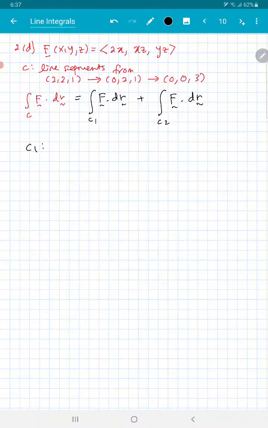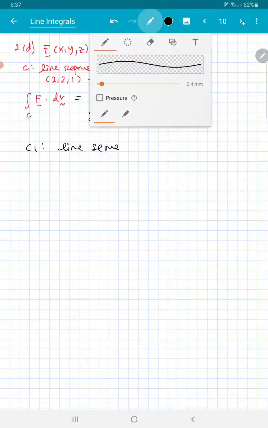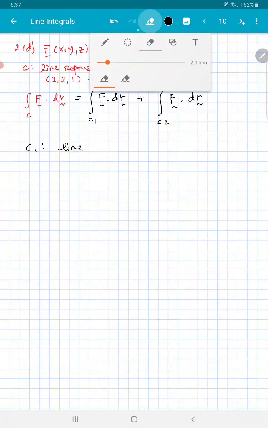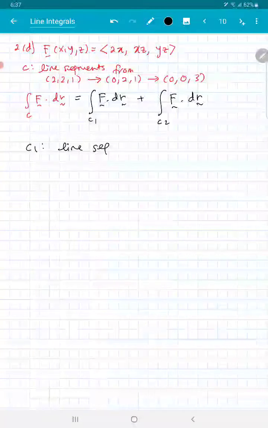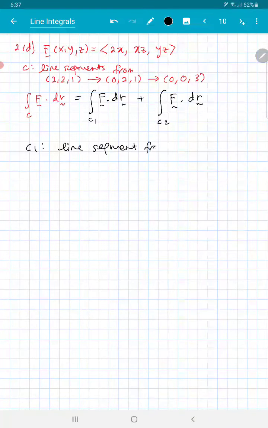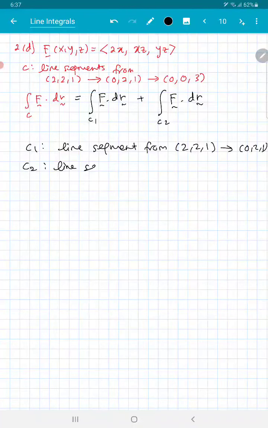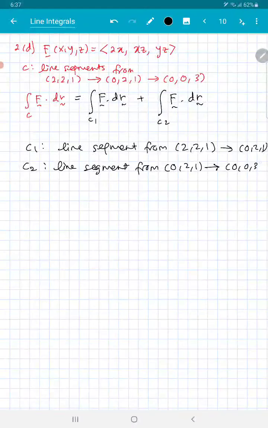Curve C1 is a line segment from 221 to 021, and curve C2 is a line segment from point 021 to point 003.